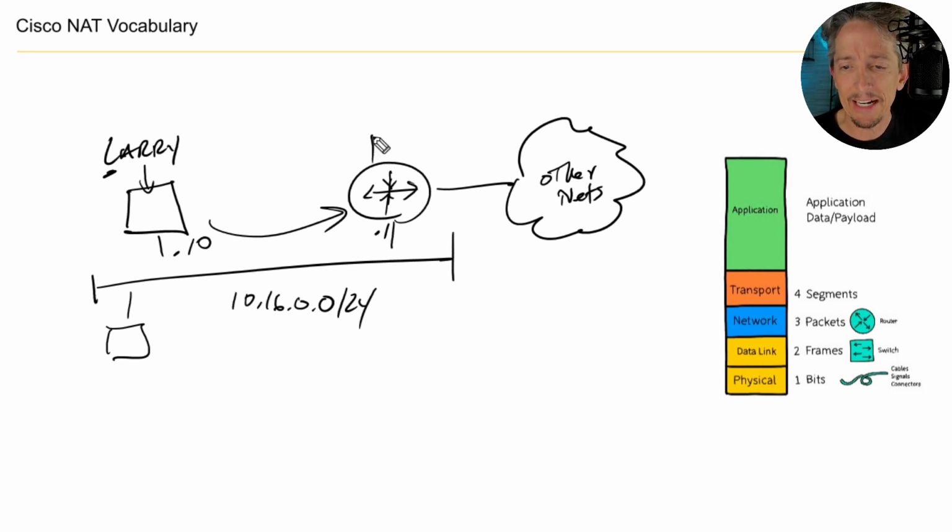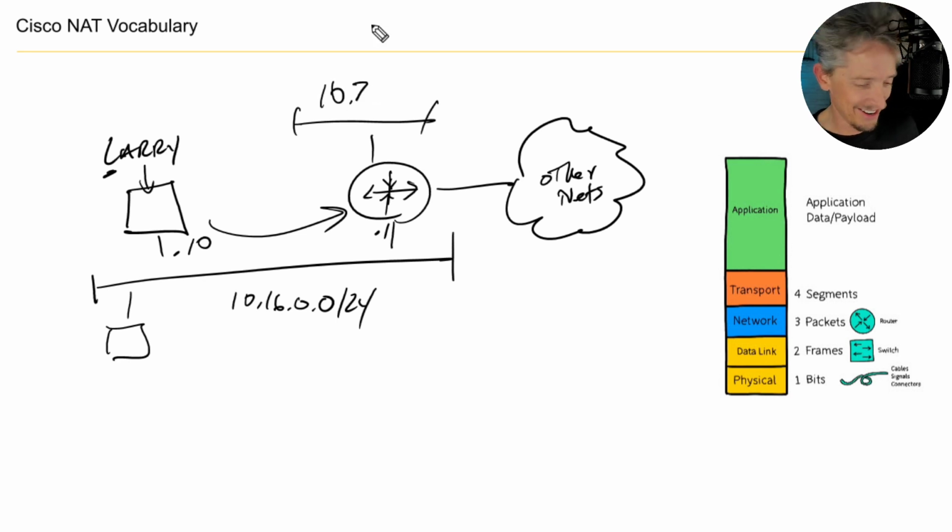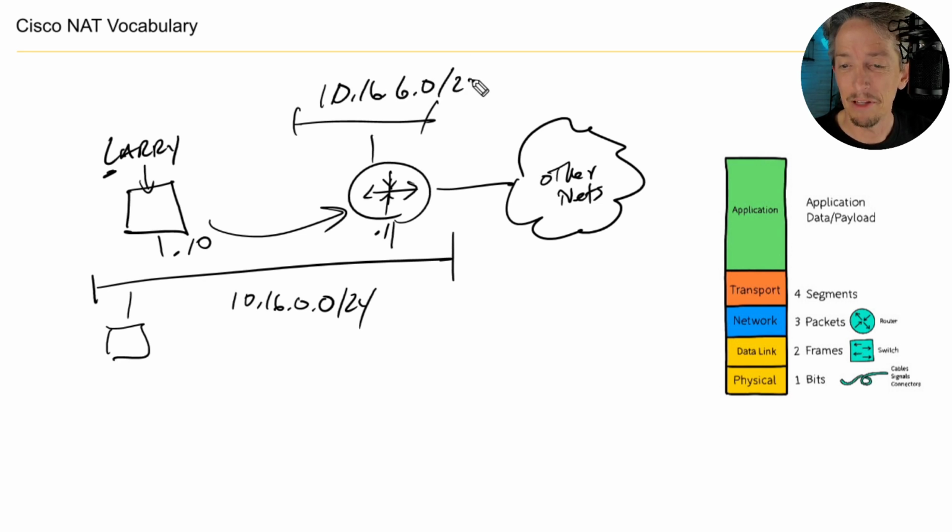If he needs to send packets to another network, maybe we have the 10.16.6 network. That's a different network. And maybe there's a host over here at .101. If he wants to talk to that computer or that device or that server, he would forward frames to his default gateway at layer 2.